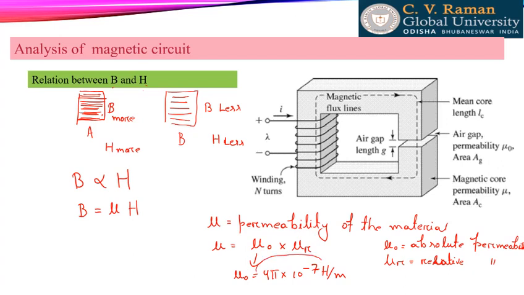You can directly put this value, 4 pi into 10 to the power minus 7. And mu r is the relative permeability, when the permeability is compared with air. From here, we are getting an important relationship. Note down this relationship: B is equal to mu naught into mu r into H.